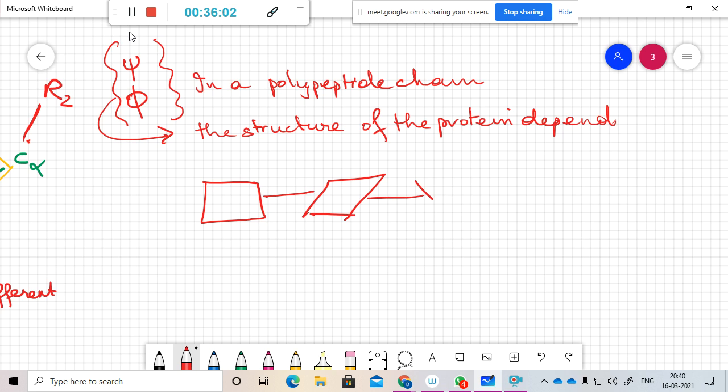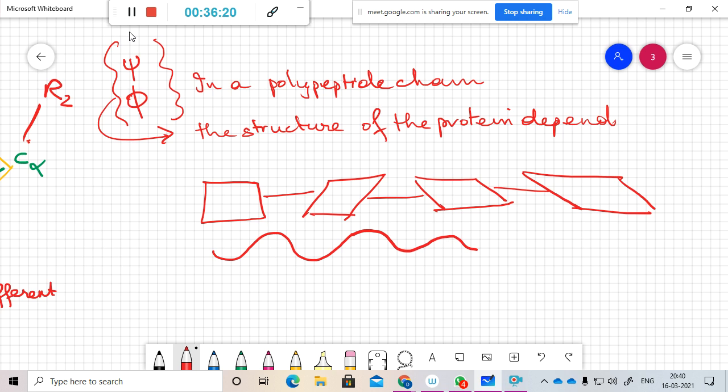The next one again takes this angle. Next one is even more angular. So here it is straight, then it takes this angle, then this angle, and then it goes even steeper like this. So this is how the structure of a protein takes place.